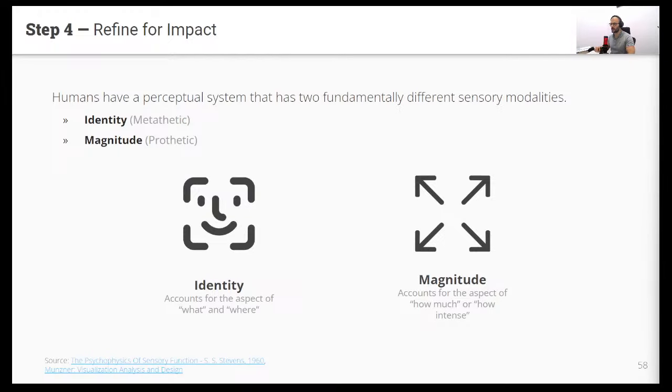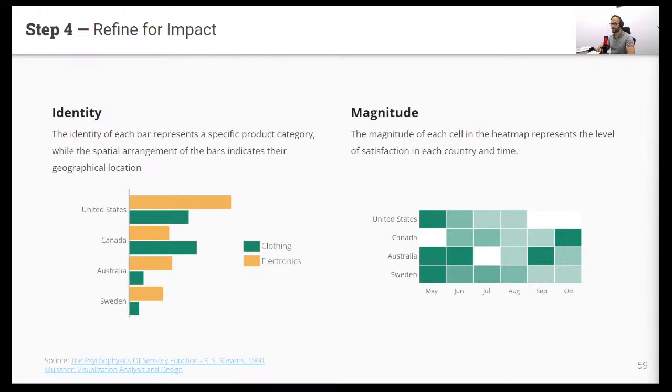Looking at it from a BI perspective, we can use coloring, for example, to categorize and identify that yellow is electronics and green is clothing. And for magnitudes, a heat map could be an example to show level of satisfaction per country. The darker, the more satisfied, or the other way around.